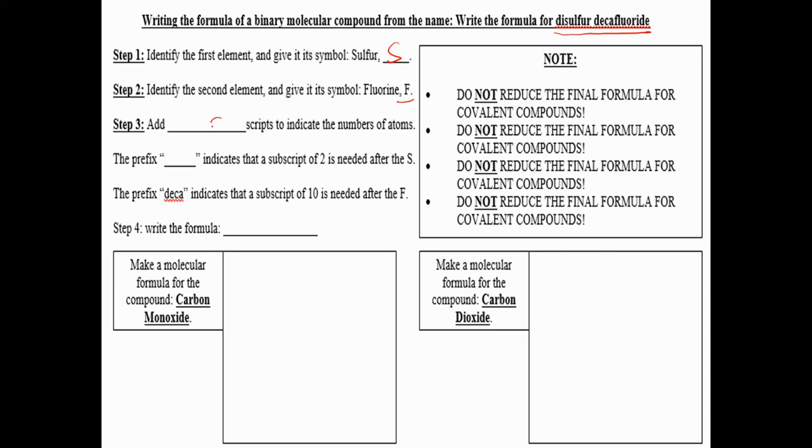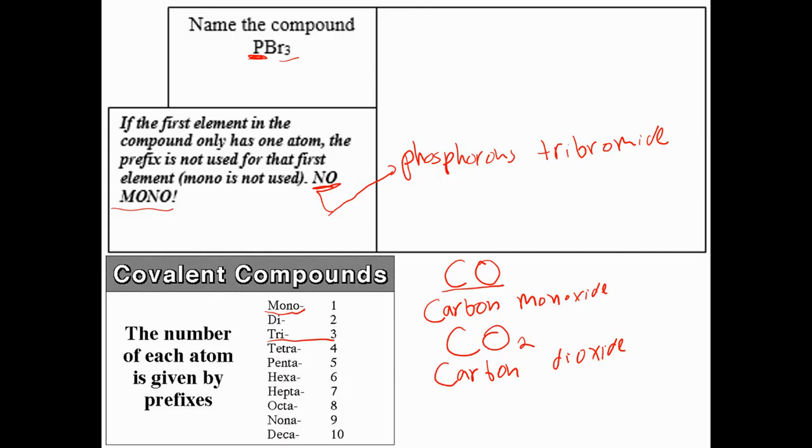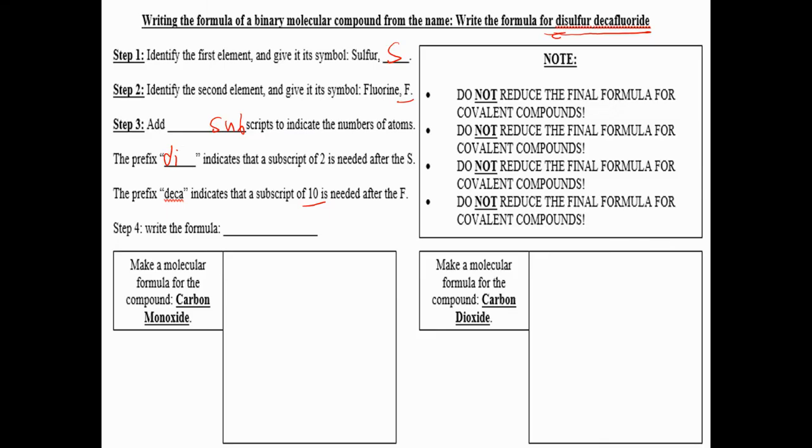The prefix will indicate, for example here, di, that there's 2 sulfurs. And the deca indicates that there's 10. You need to remember this table of prefixes. Deca means 10.